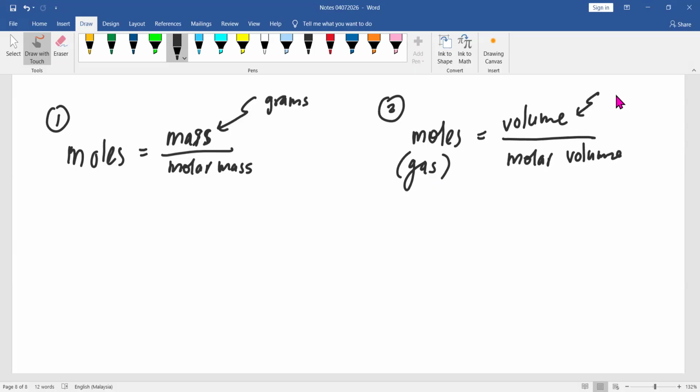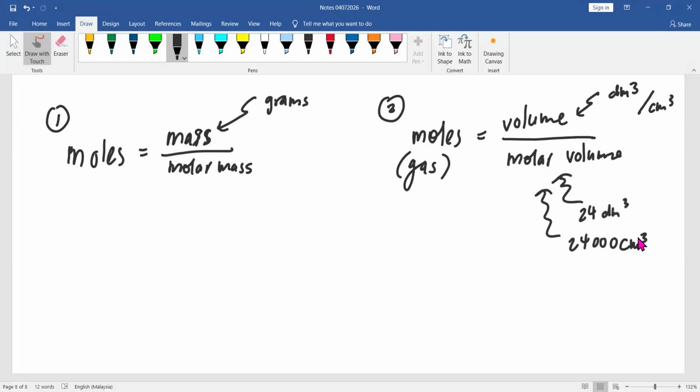If they give you decimeter cube, your molar volume must be 24 decimeter cube. If they give you centimeter cube, then you must use 24,000 centimeter cube. It's not the same. Remember, 1 decimeter cube is 1,000 centimeter cube.